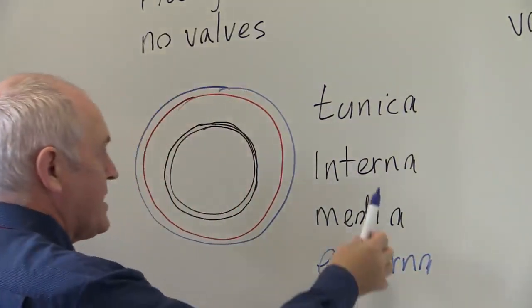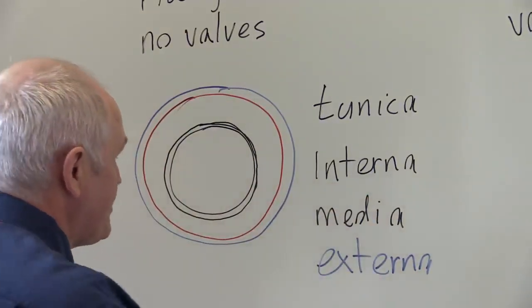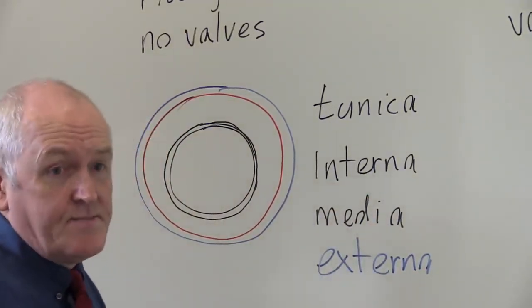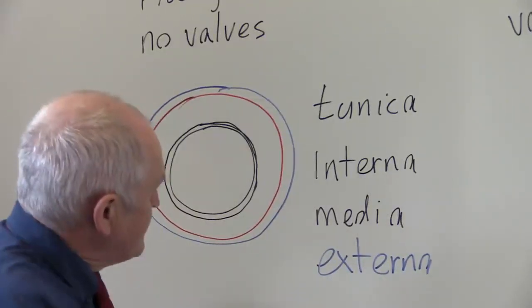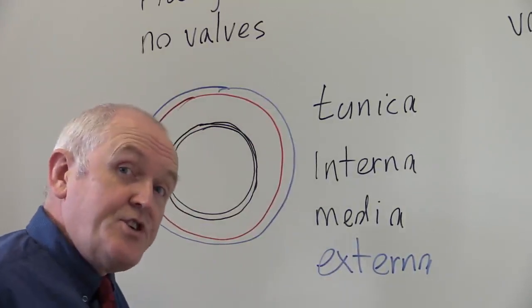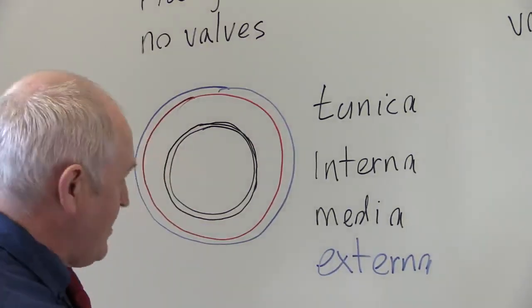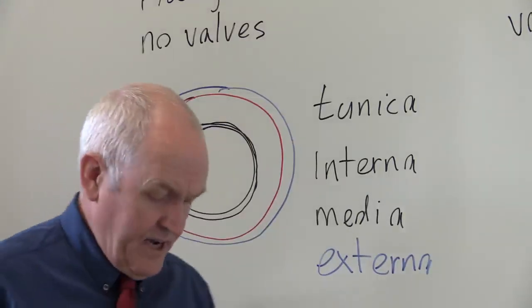So we've got the tunica interna, or the intima, the media, and the tunica externa. And sometimes you'll see the tunica externa referred to as the tunica adventitia. The adventitia is the outer layer of an organ.